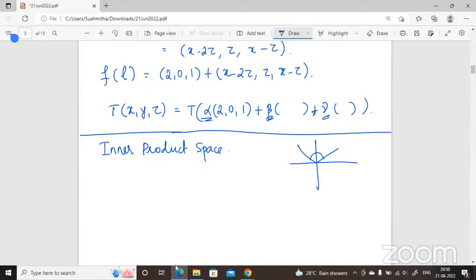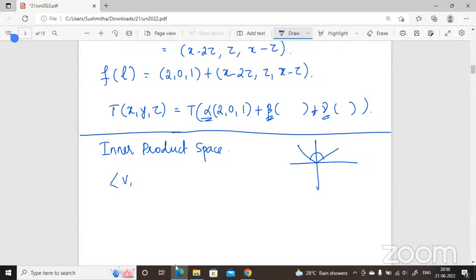We talk about angles because in R2 and R3 we can. But in abstract vector spaces V, W, we don't even know how the space is going to look, so we cannot talk about angles. So the inner product is a generalization of the dot product, and the dot product is a special case of inner product.